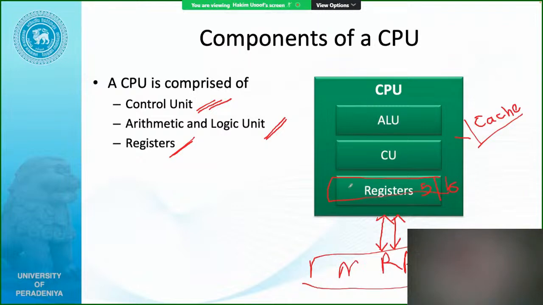They're extremely fast and directly connected to the ALU. So data that you immediately need is stored on registers so that you can easily read and write those data without slowing down at all. That component which stores data that is immediately needed is called registers.